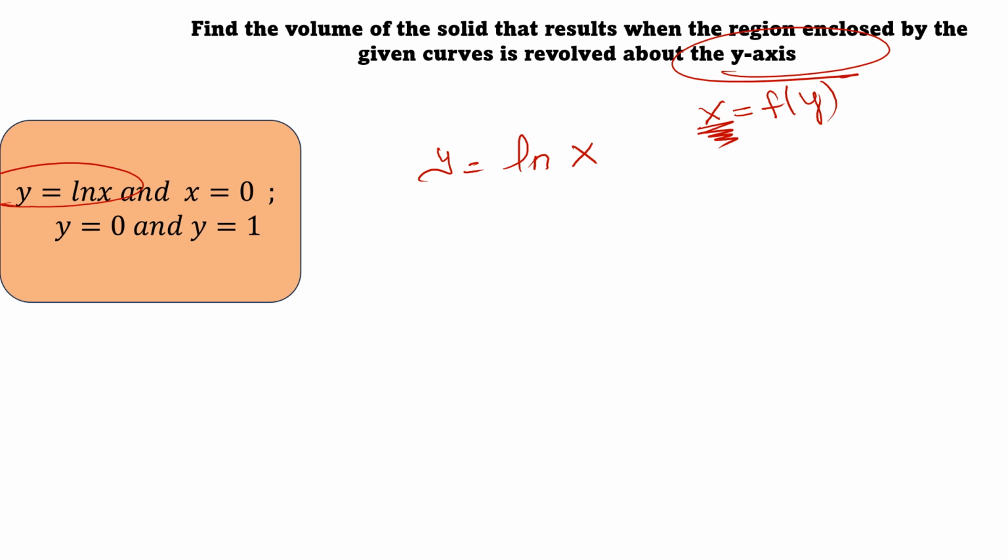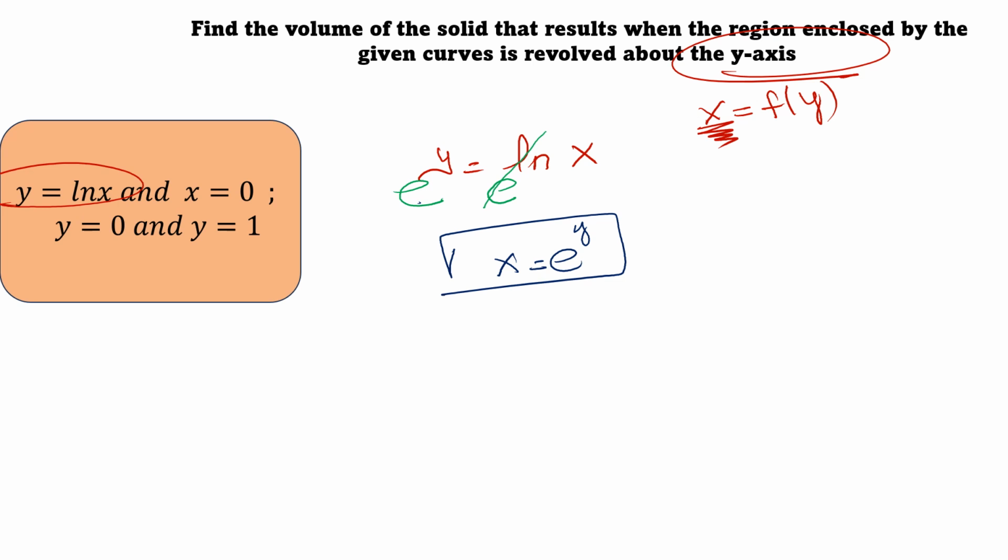In order to get rid of this ln, what do I do? I raise with the power of e, which cancels my ln because e and ln are inverses of each other. So I will get x equals e to the power of y.